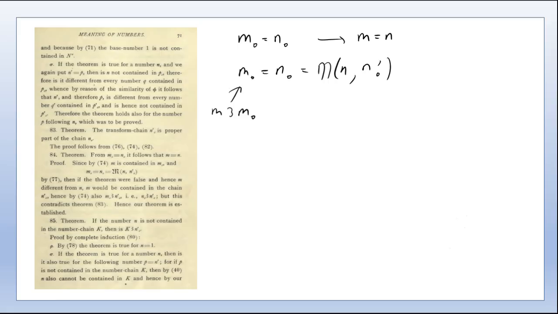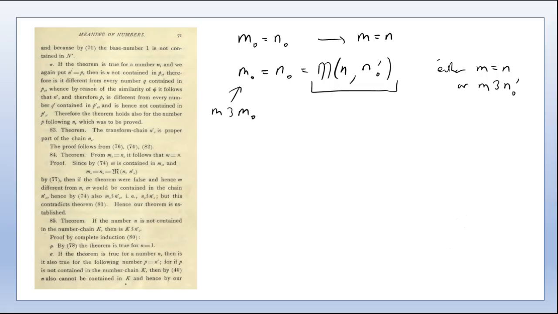So, M0 equal to N0 equal to the system compounded of N and N0 primes. That means that any element of M0 must be either equal to N, so either M is equal to N, or M is an element of N0 primed. So remember the definition of a system compounded of a series of other systems.